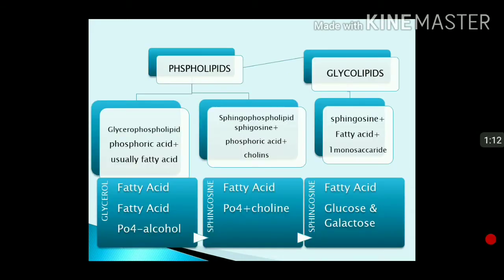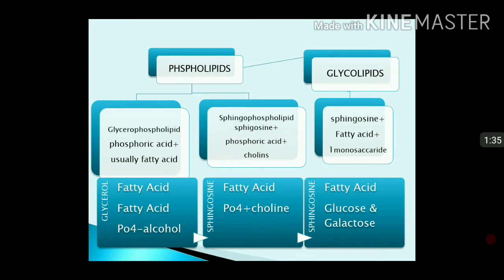So what are phospholipids? See the left hand side of this chart. Phospholipids are of two types, sphingophospholipids and glycerophospholipids. In glycerophospholipids, what is present is glycerol, then fatty acids and phosphoric acid.